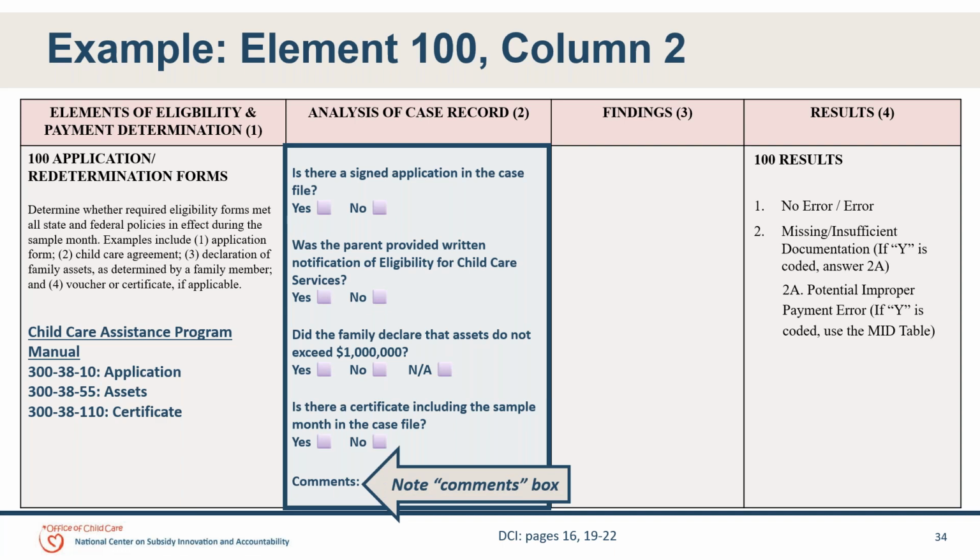Also, we have a comments box here, and that's something that we highly recommend for you to include in each element. And like I mentioned a few minutes ago, that's just so reviewers can add any information that's not captured by the other items in column 2.